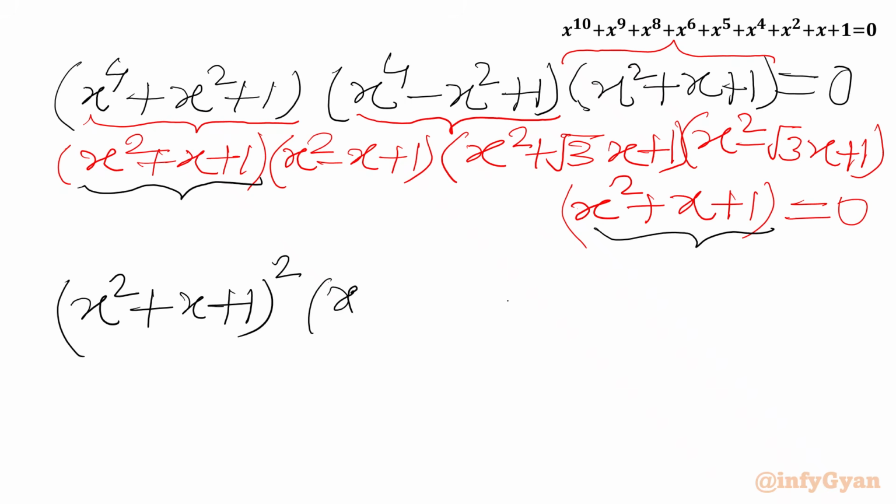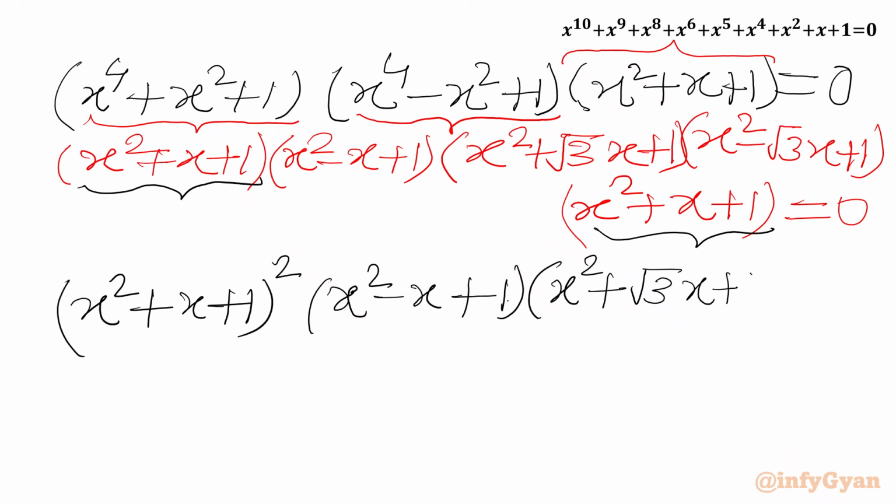Then we have x square minus x plus 1, then x square plus root 3x plus 1, then x square minus root 3x plus 1 equal to 0.